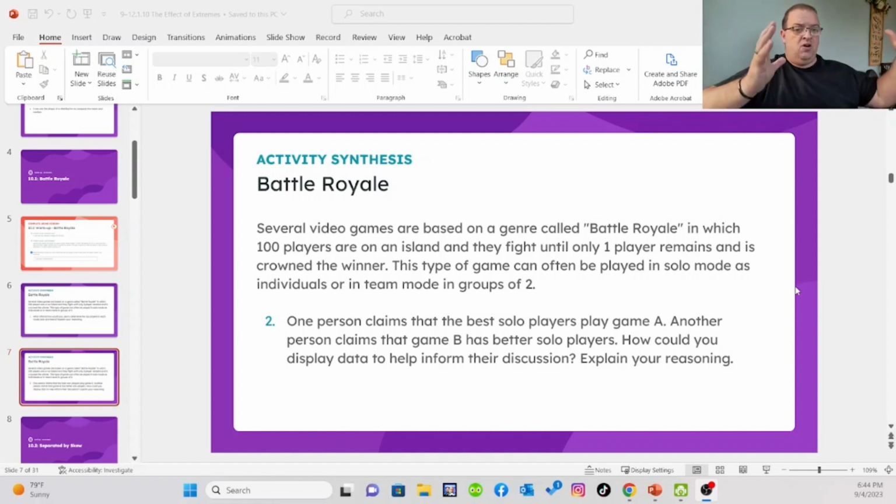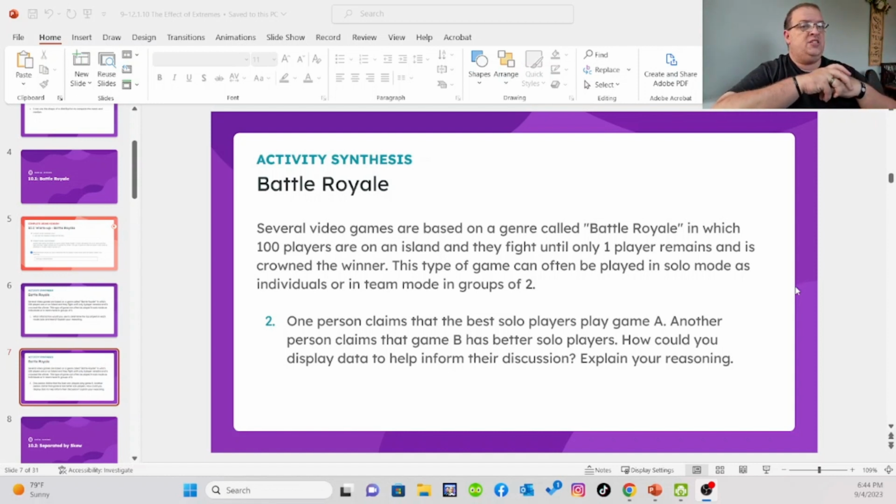They have a large IQR, whereas game A might have a slightly lower average player, but most of their players are tightly packed around that. So you might say the game that has a better measure of variability would be the better one.